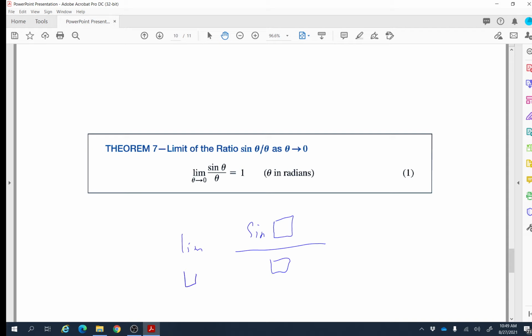When that value inside this box is approaching 0, that will be 1. So instead of theta you might replace this theta by some box, and if that box is approaching 0, then sine of that box over that box is equal to 1.